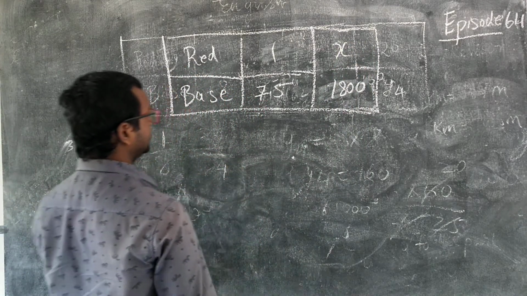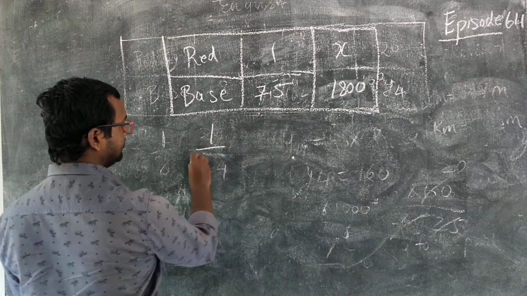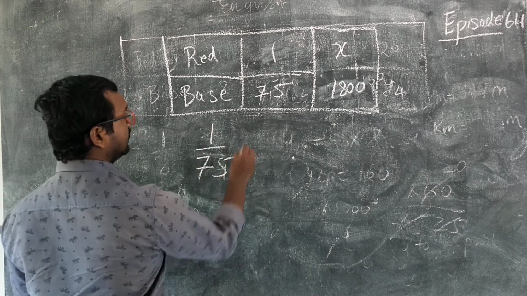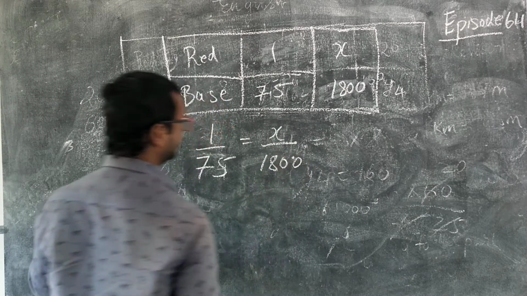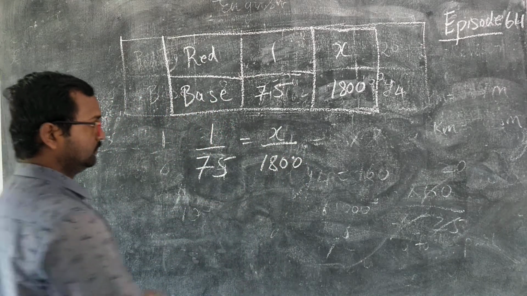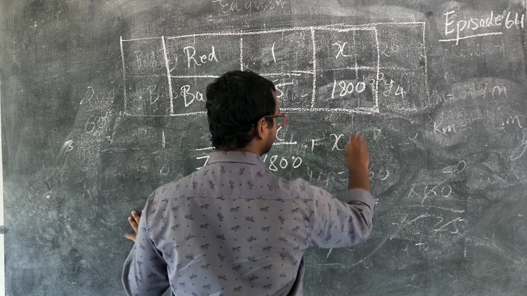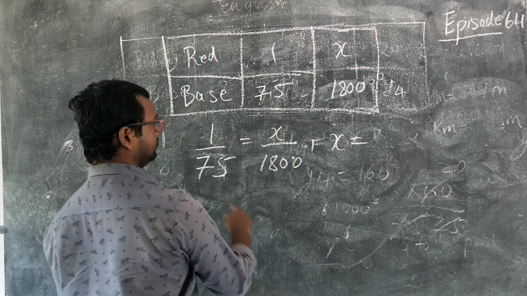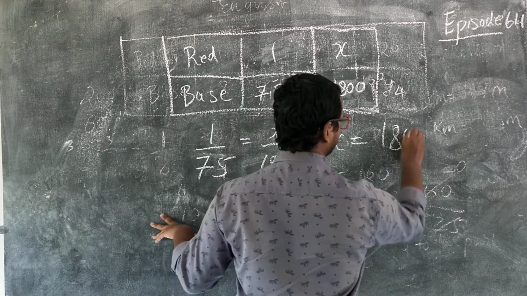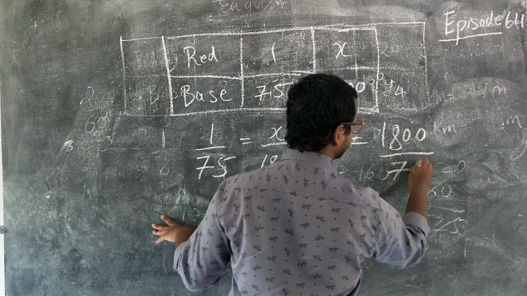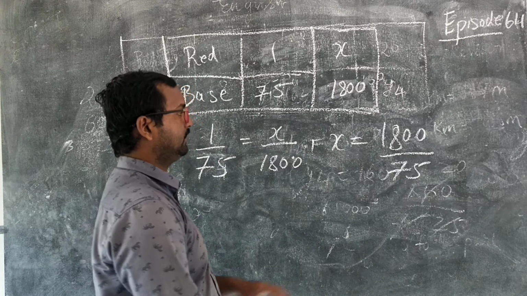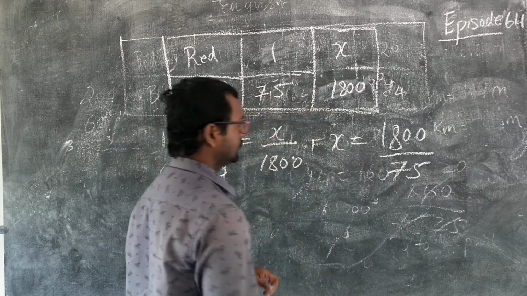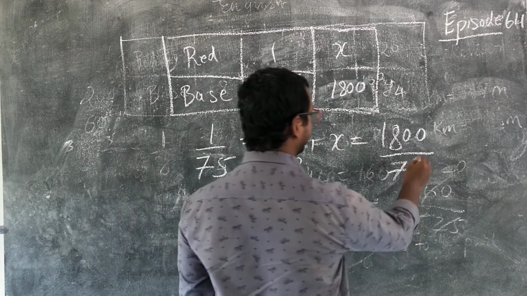We have to apply the proportion method, which is 1/75 = x/1800. From here, x is equal to 1800, and 75 will remain in the division. So we have to divide 1800 by 75. Let's start with 5.